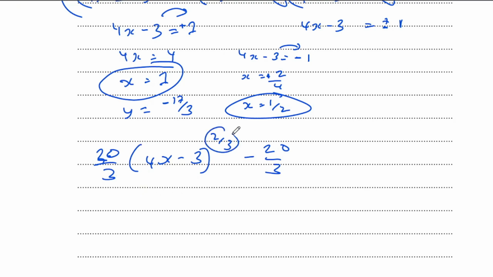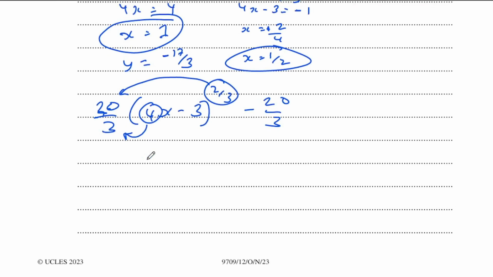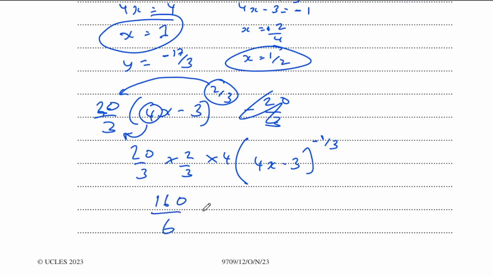So again, take this power, multiply it here, then multiply by the derivative inside the bracket, and then do it as it is. So 20 over 3 times 2 over 3 times 4, (4x minus 3) power 2 over 3 minus 1, so negative 1 over 3, and then the constant just goes away, right? And so we end up getting 20 times 2, which is 40, times 4, which is 160, over 6, (4x minus 3) power negative 1 over 3.